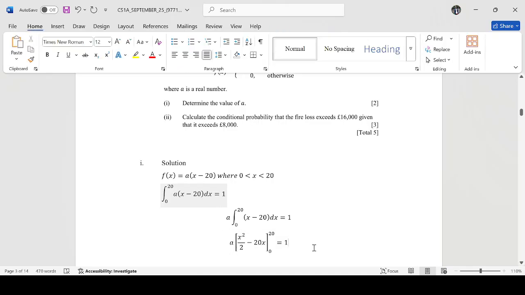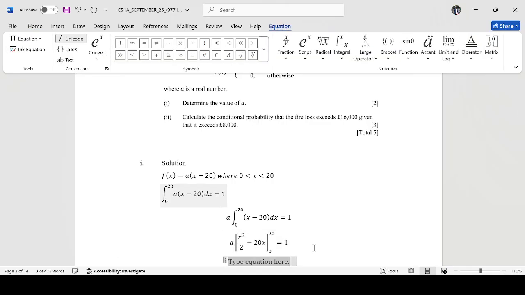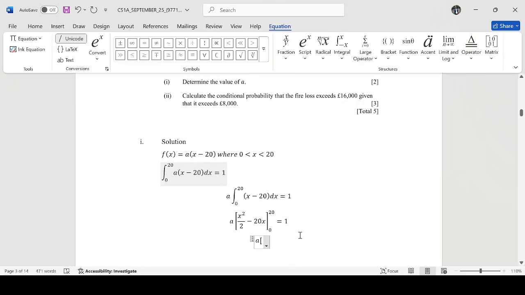So you subtract the lower limit from the upper limit. So a, open the bracket, and replace with 20 squared, that is 400. 400 divided by 2 is 200, minus 20 times 20, which is 400.